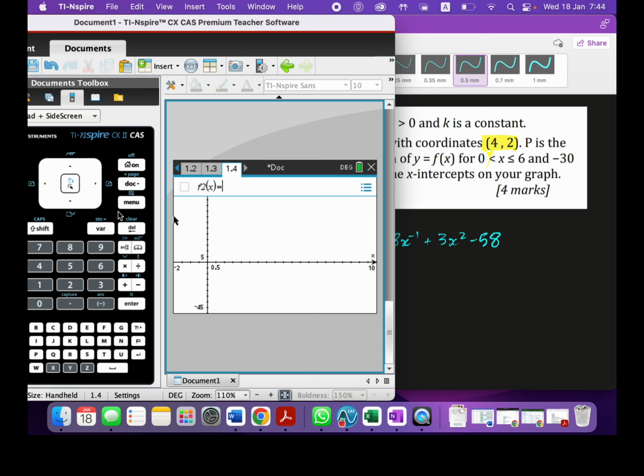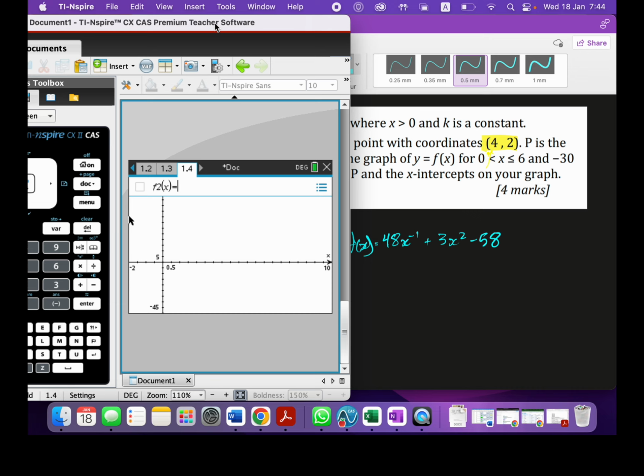Okay, so now I'll insert that equation. Sorry, I just need to make sure I got this right. So 48 divided by x, that's my first one, plus 3x squared, minus 58.